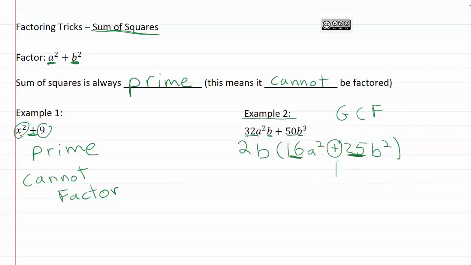Remember that this is prime. That means that this part in the parentheses here we can't break down any farther. Therefore, our final answer will just be 2b, that we were able to successfully factor out, times 16a squared plus 25b squared. And that will be our final answer.